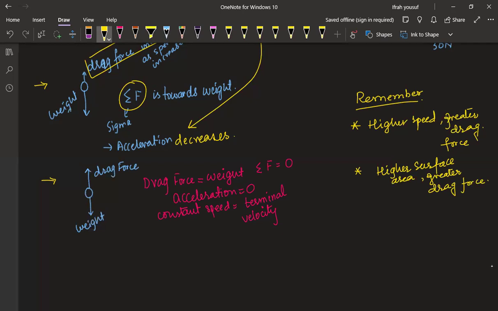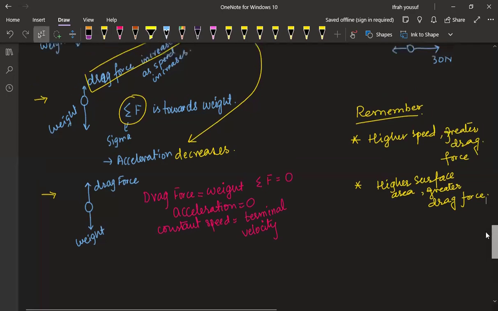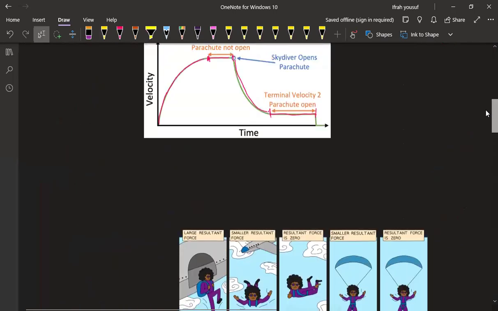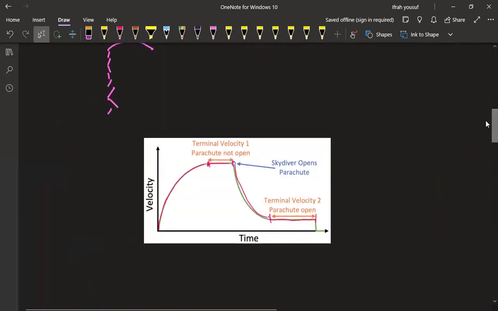All right, so let's talk about the velocity time graph of when the object reaches the terminal velocity. Did I discuss that graph in the last class? No? Haven't I? Oh, sorry. Yeah, this one. I'm talking about this one. So what is happening here? Okay, so let me explain it here again.